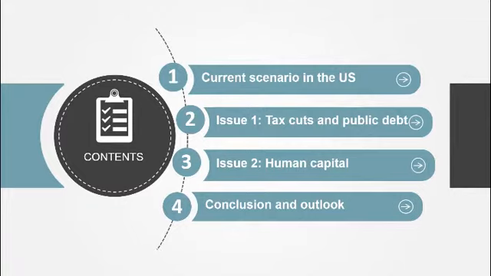But the key point of long-term economic growth is the human capital factors. So the second issue I choose is education and human capital, and the last part is the brief conclusion and the outlook from my own perspective.